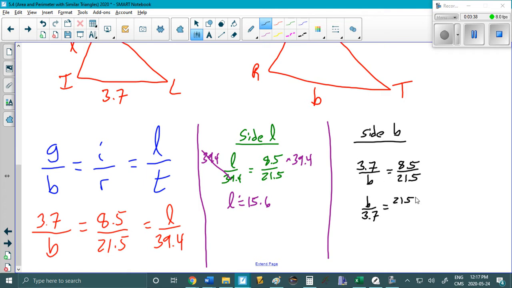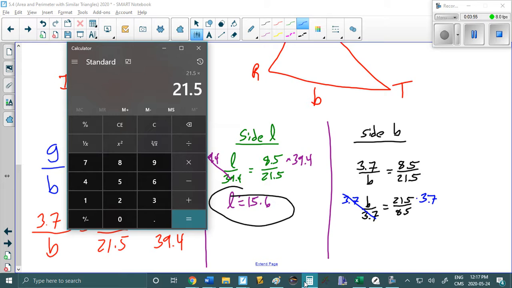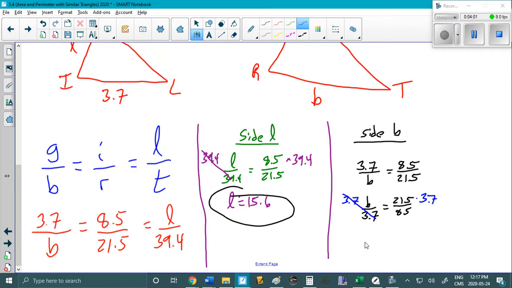So we have to flip the other side as well. While I'm thinking of it, I'm going to put a circle around that, and that'll be my therefore statement. I multiply by 3.7. That cancels out here. I multiply by 3.7 on the other side, and I go to the calculator. 21.5 times 3.7 divided by 8.5, 9.35, or B equals approximately 9.4.